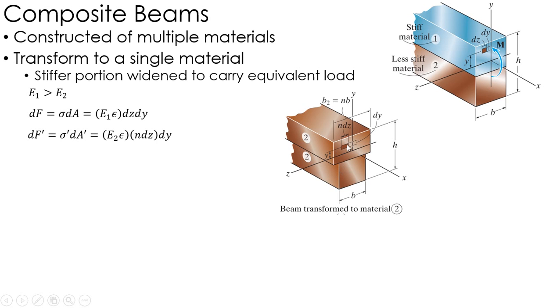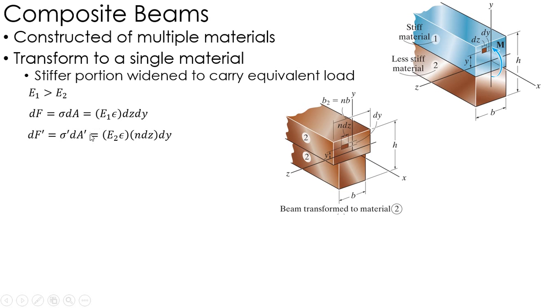On the transformed piece here, everything's the same, but instead of dz, I have some value n dz, some constant that I'm multiplying that by, making it a little bit wider.